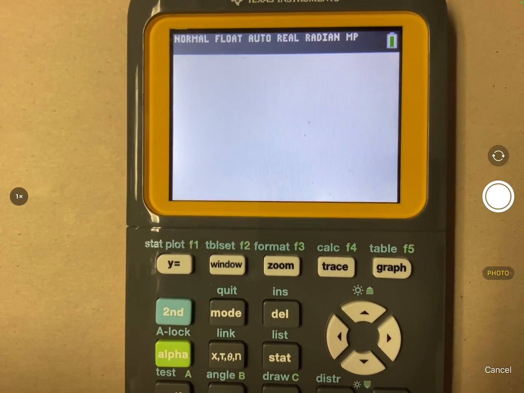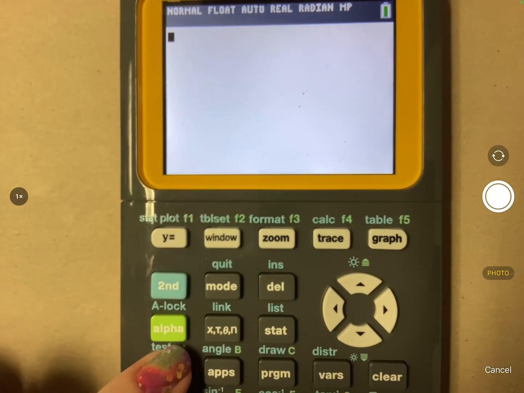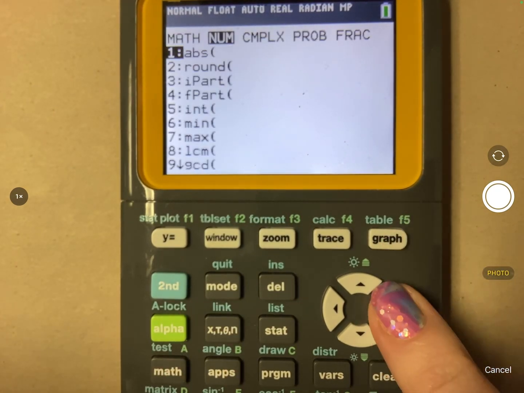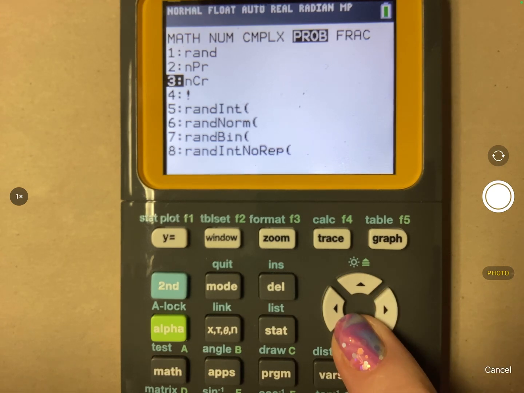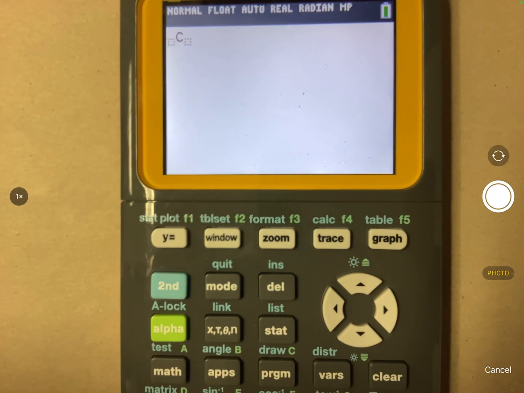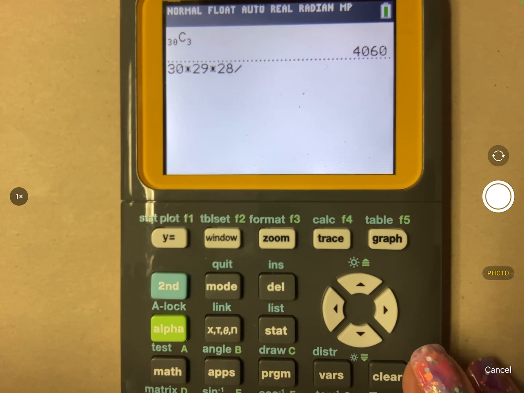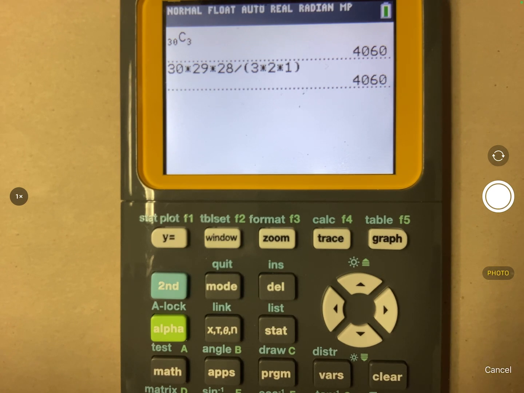For our example in the introduction, we're going to go math. We're going to arrow over to the right till we get to probability again, and this time we're going to go to a combination because the order doesn't matter. We are going to select 3, and edit it to where we have 30 and 3, and we have 4,060. If you wanted to type it out by hand, you could have also done 30 times 29 times 28, and then on the bottom 3 times 2 times 1, and that will also get you the same answer.